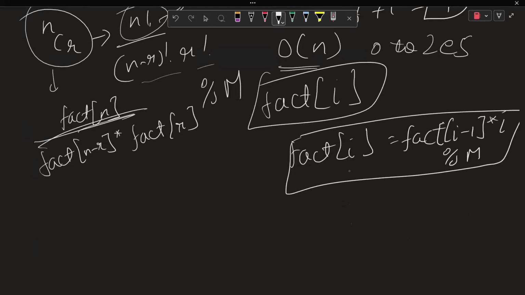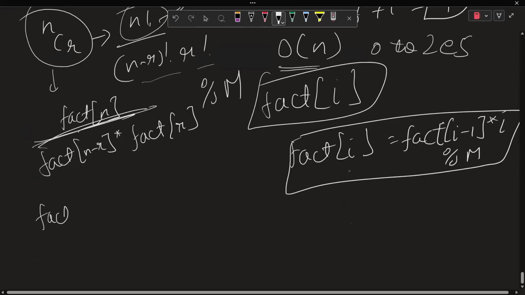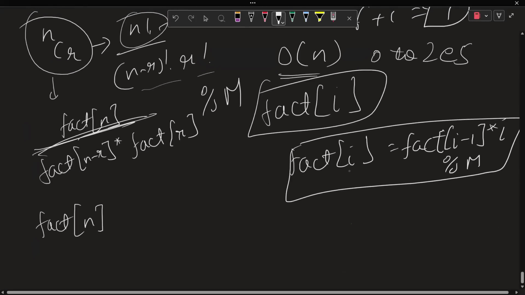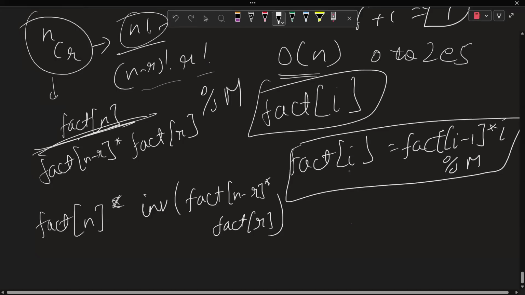So if you know about modulo inverse, instead of dividing, you would write fact n multiplied by the modulo inverse of fact n minus r into fact r. You would take the modulo inverse of this, mod m. So this way you would calculate the nCr efficiently.